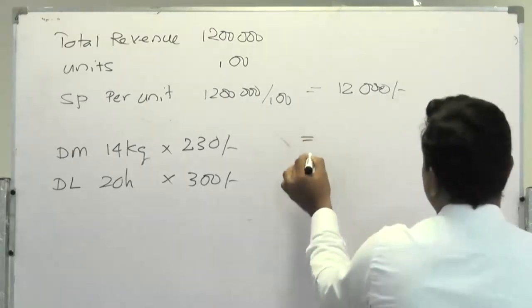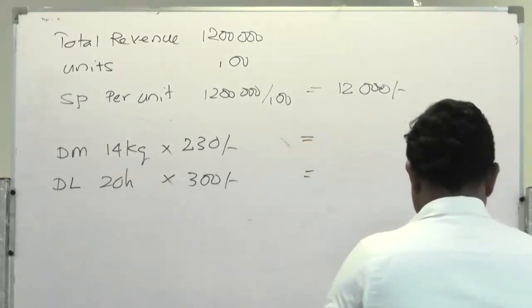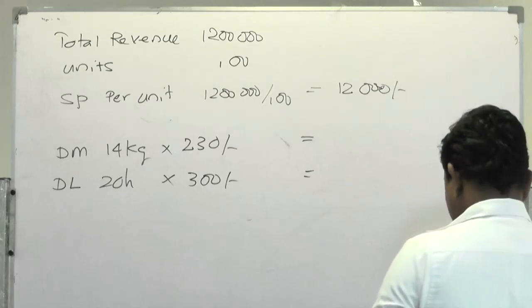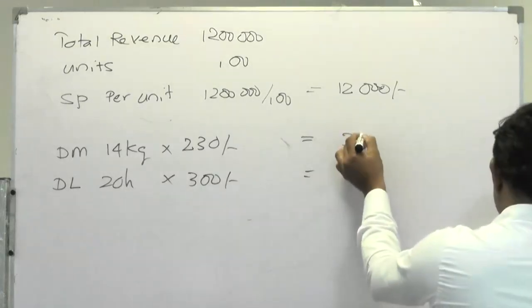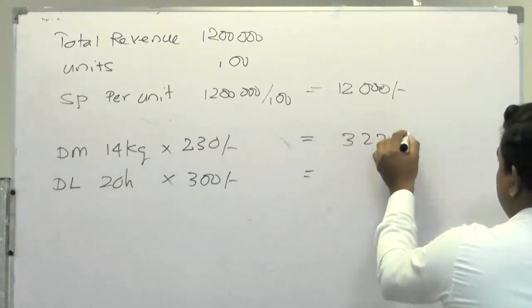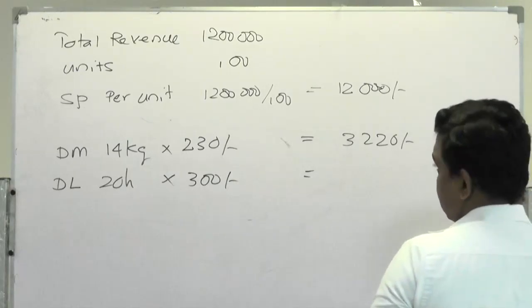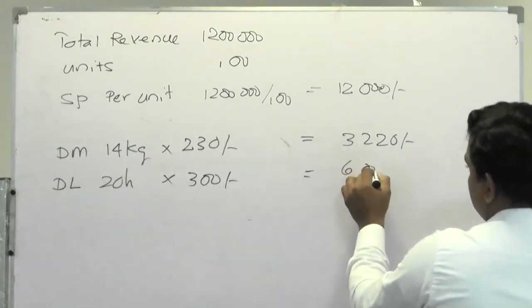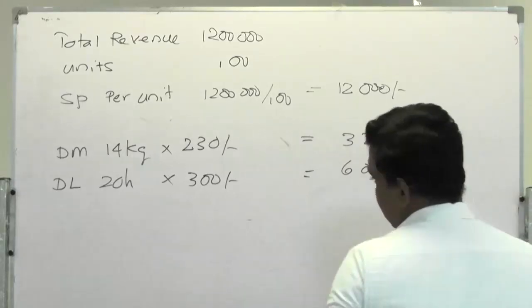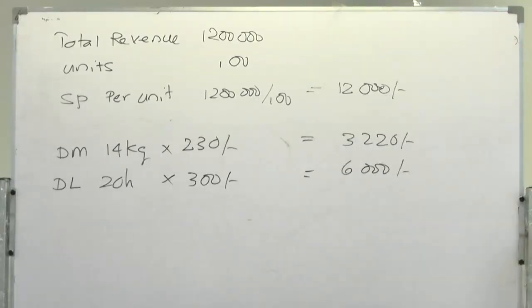Therefore, per unit, material cost will be 14 into 230, that is 3,220. Labor cost will be 6,000.